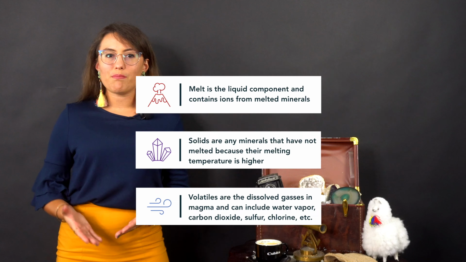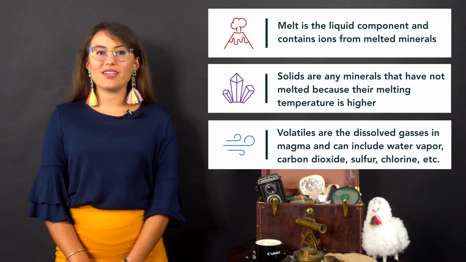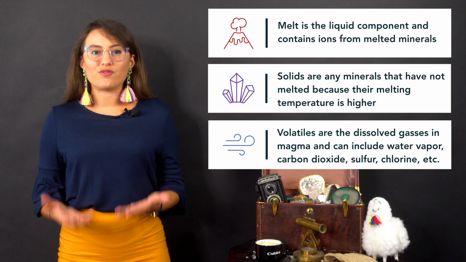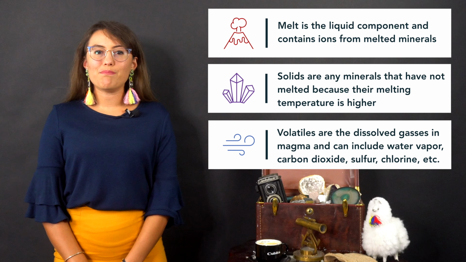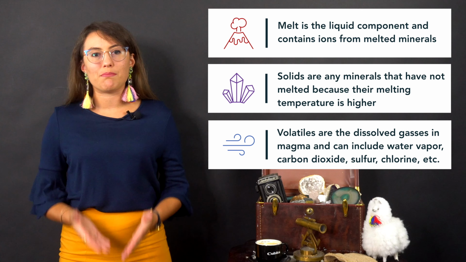Volcanic eruptions vary drastically to one another, and each eruption is unique and can vary in size, type, and composition of eruptive material. Magma and lava have three components to it: melt, solids, and dissolved gases, known as volatiles. Melt is the liquid component and contains ions from melted minerals.